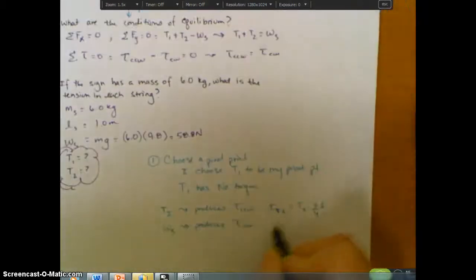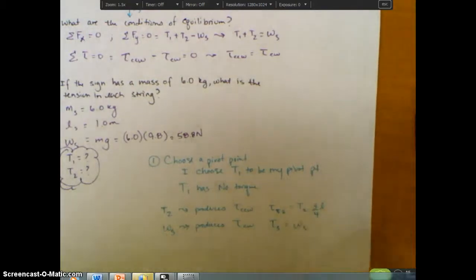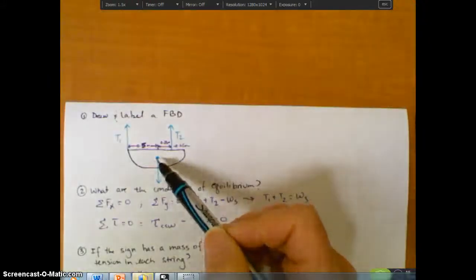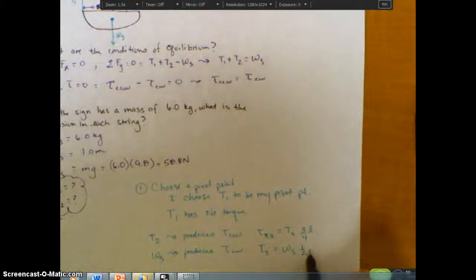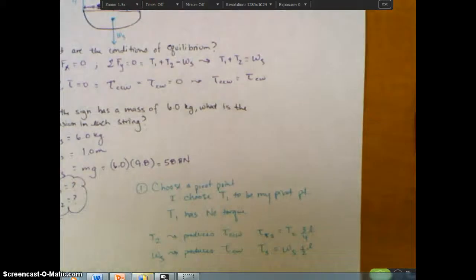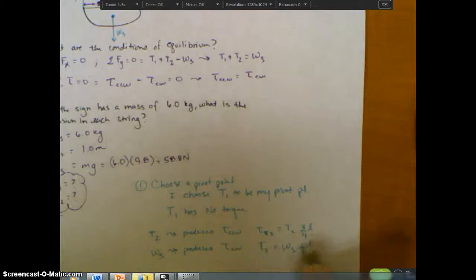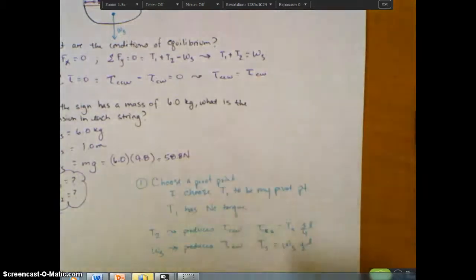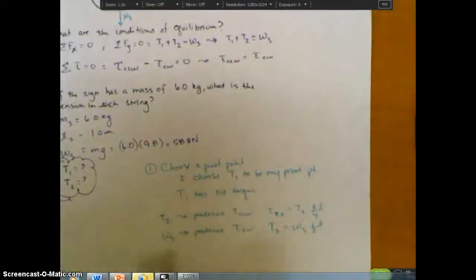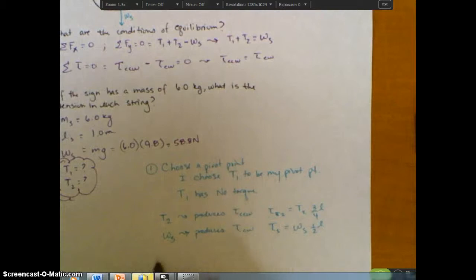The torque from the sign is equal to the weight of the sign times the length of its lever arm, and its weight acts halfway through the sign, so it's going to be 1/2 times the length of the sign. Now I can substitute values in here if I want to. I'm not going to do that just yet. I'm going to go on and look at my equilibrium of torque.